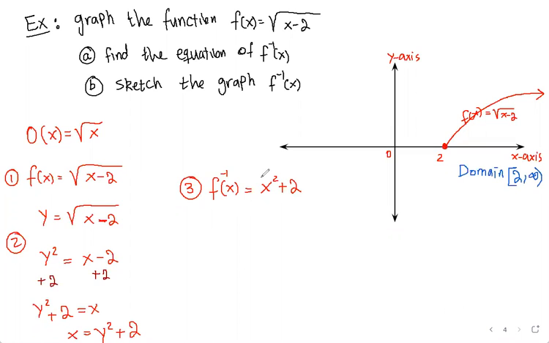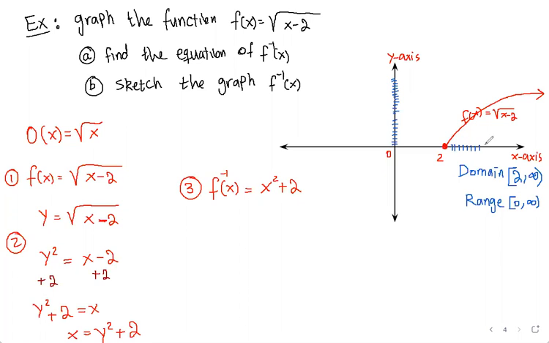And what is the range here? The range is from 0 to infinity. The 0 is included. How do I know? By looking at the graph. Which y values are used? All these y values are used, starting from 0. Which x values are used?